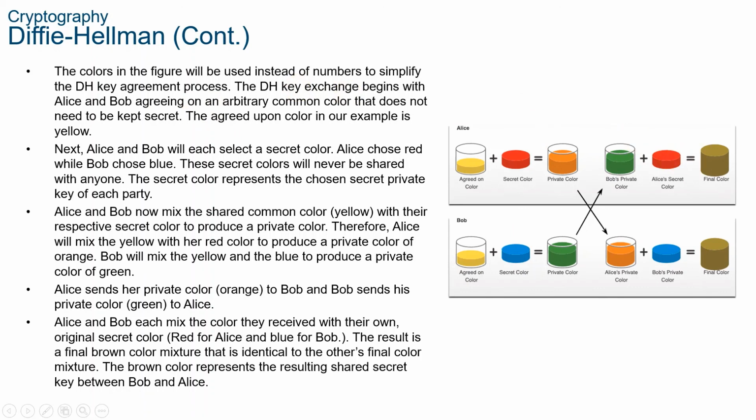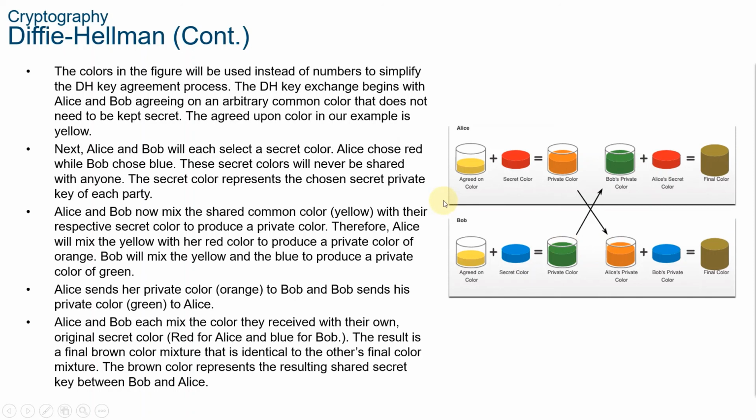Now, to help illustrate how DH operates, refer to the figure here. The colors in the figure will be used instead of complex long numbers to simplify the DH key agreement process. The DH key exchange begins with Alice and Bob agreeing on an arbitrary common color that does not need to be kept secret.